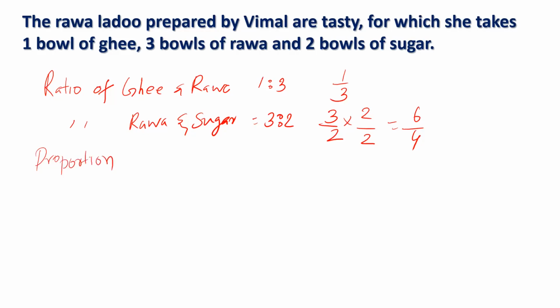What we will say, what is the proportion of ghee, rava and sugar in the preparation of rava laddu? तो वो proportion क्या है? 1:3:2. और समझना क्या है, अगर घी एंड रवा है आप 1:3 बोलेंगे, अगर रवा विथ शुगर है आप 3:2 बोलेंगे, और ये 3 कॉमन है. That's why you could write it.